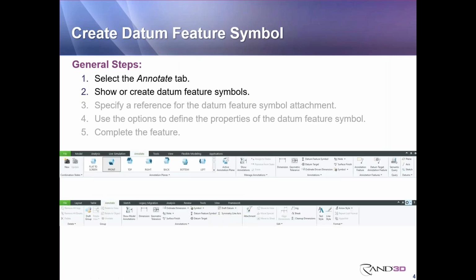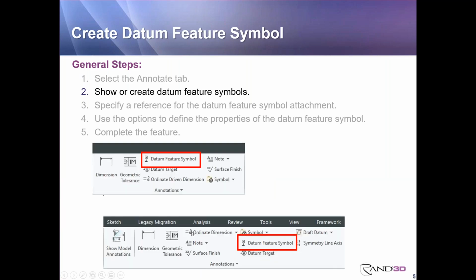If you are in the drawing environment, the lower ribbon that you see here, open a drawing and go to the Annotate tab, and look for the annotations group on that tab. It's about halfway in the ribbon, and you should see the datum feature symbol tool there as well.